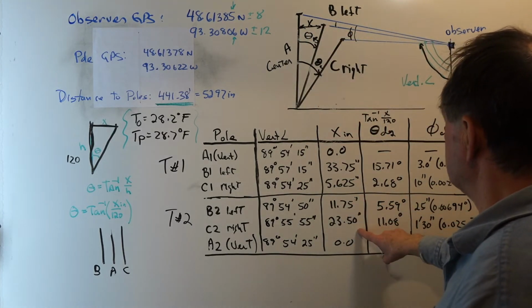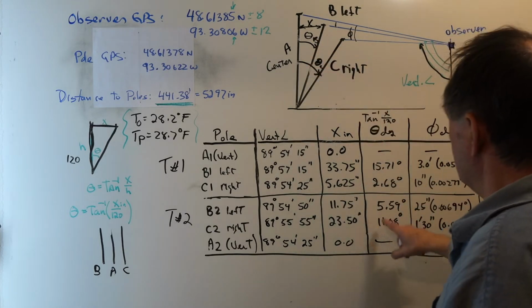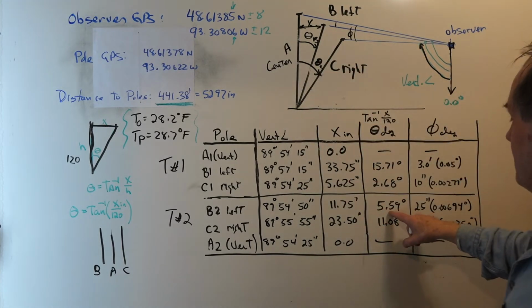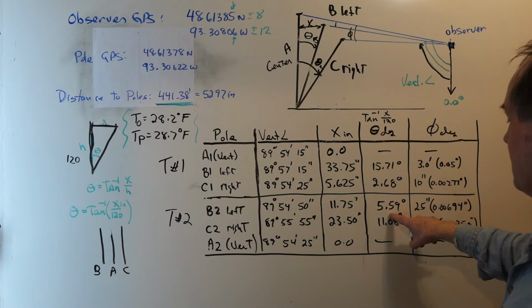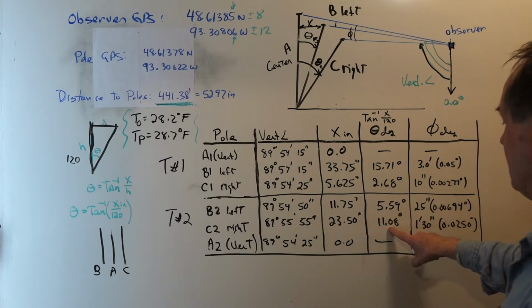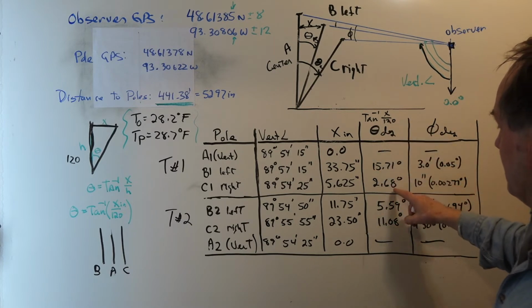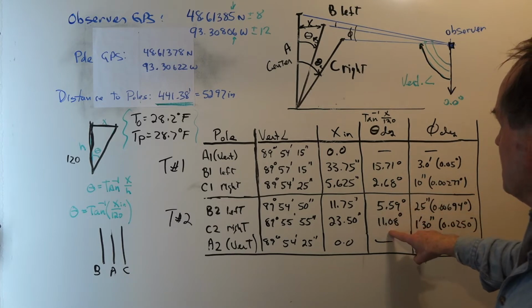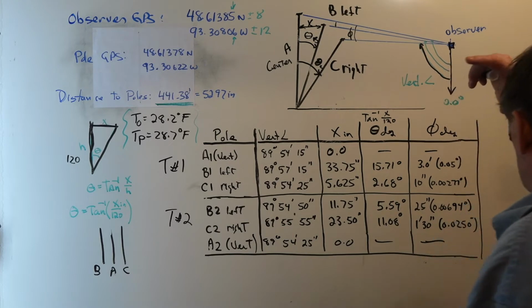Here are the separation distances, and then computing what the tilt angle is from these separation distances, given the height of 120 inches. For the left pole, B pole, we get 5.59 degrees, and for the right pole, 11.8 degrees. So in the two tests, we had tilt angles of 2.68 degrees, 5.59 degrees, 11.08 degrees, and 15.71 degrees.